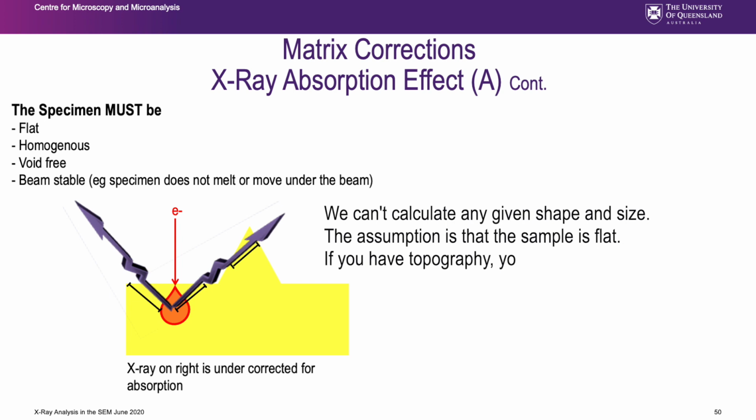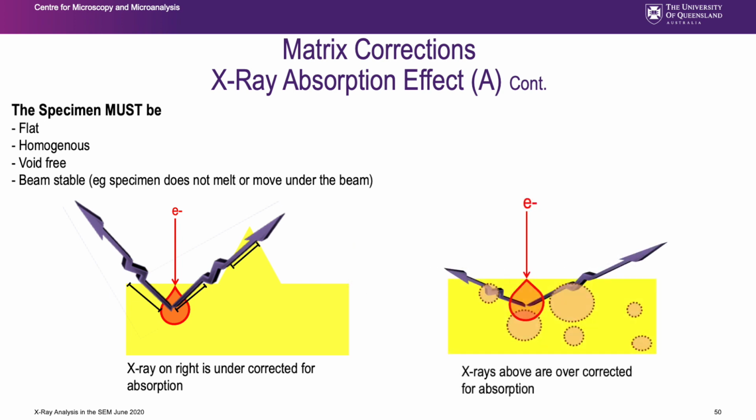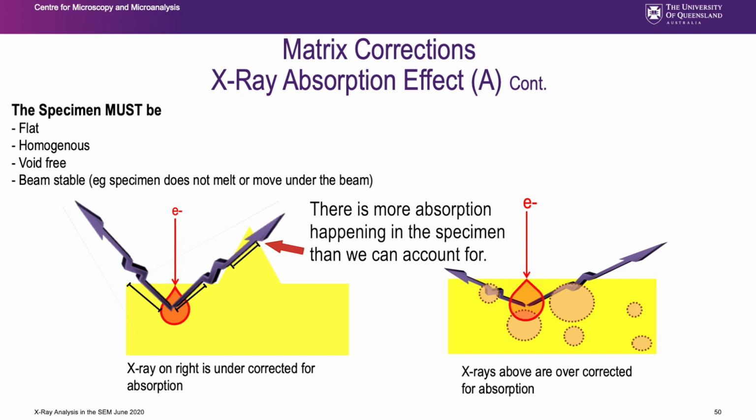So the assumption is it's flat and that this absorption doesn't exist. So if you have topography, you're going to have different absorption. The other thing is porosity. If these are pores or void space, no material there, when the X-ray passes through the voids, it's not being absorbed. So here, with these mountains, the absorption correction is not correct because there's more absorption happening in the specimen than we can account for.